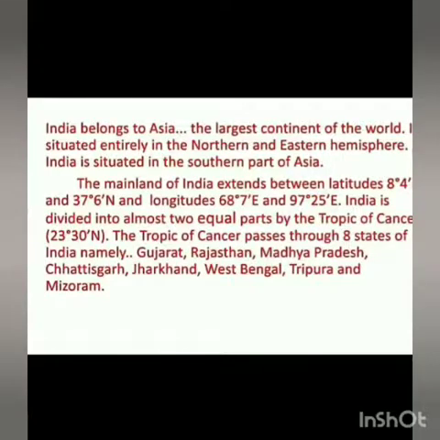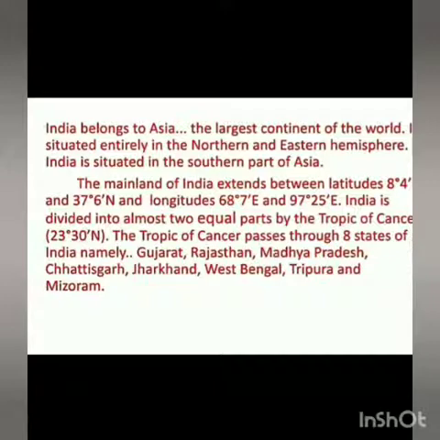The mainland of India extends between latitudes 8 degree 4 minutes north and 37 degree 6 minutes north, and longitudinally it exists between 68 degree 7 minutes east and 97 degree 25 minutes east.